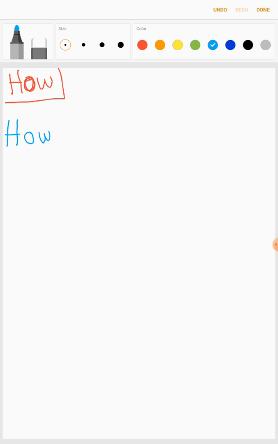How. Next word, old. Are. This is a sight word. See if you can spell it. A-R-E, are. Last word is another sight word, you. Try to spell it.